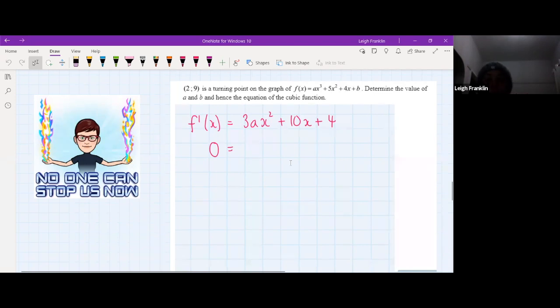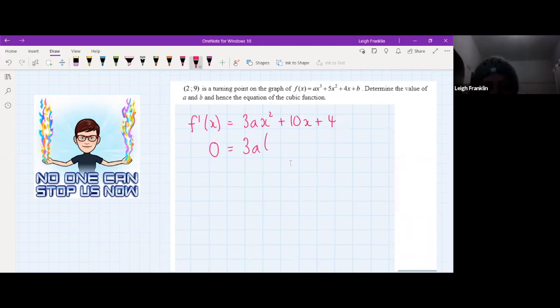Exactly. We know the coordinates of the turning point, so we know the value of x at the turning point. So we can sub 2 into the derivative to work out what the value of the gradient is at that point, when x is equal to 2 and the gradient is 0.